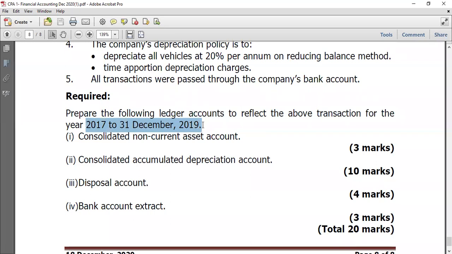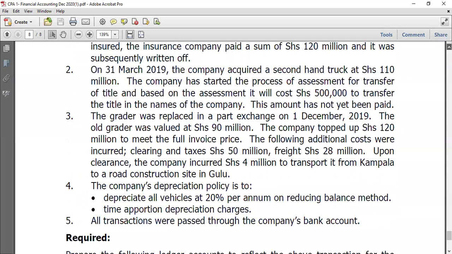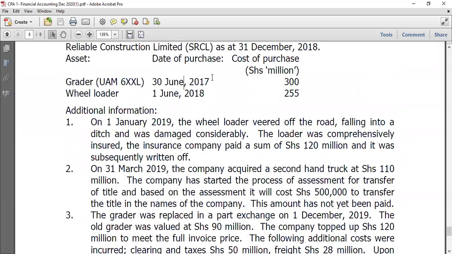So even before I look at the wheel loader, I'll first recognize this in the asset account. I'm going to come back to the wheel loader. Remember this grader was bought on 30th June 2017, okay?